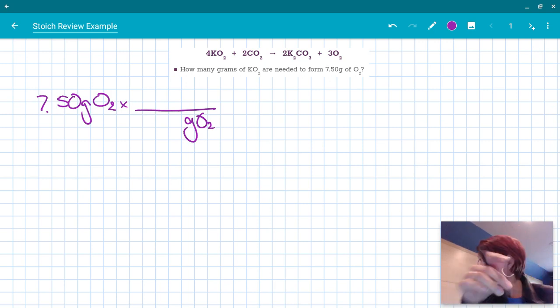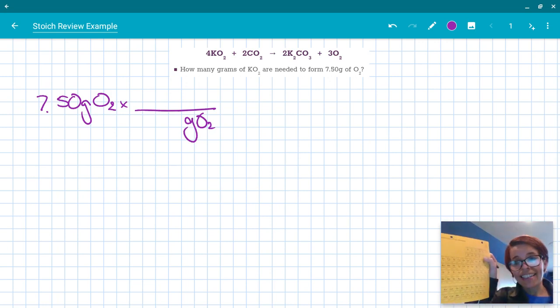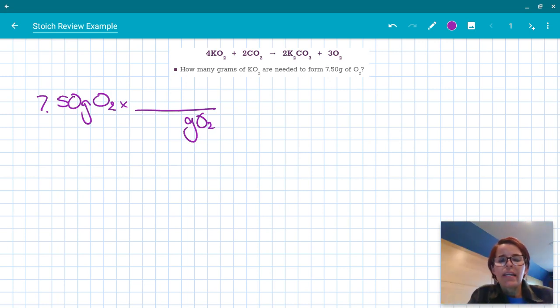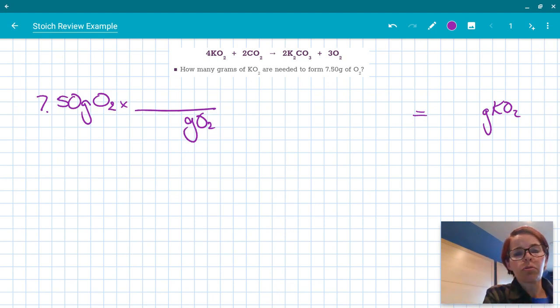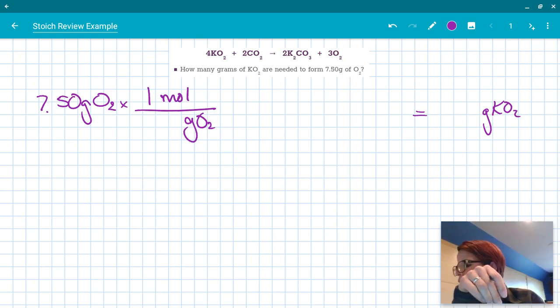So then it looks like, and I remembered my handy dandy periodic table today, we're going to try to get 2 grams of potassium oxide over there. So the way that I'm going to make this work, let's figure out how many grams of oxygen there are in 1 mole of oxygen. I'm going to look over at oxygen, and oxygen is 15.999.